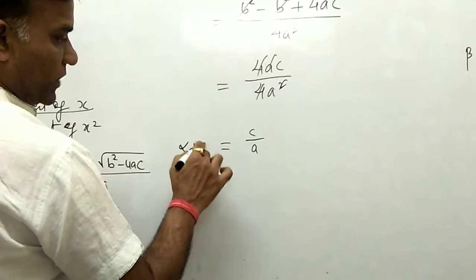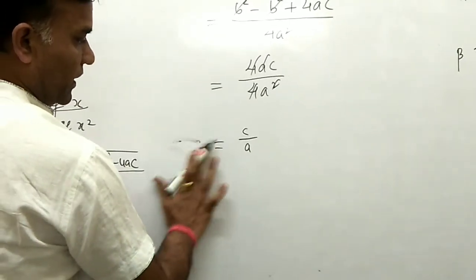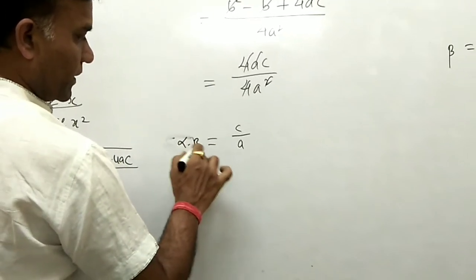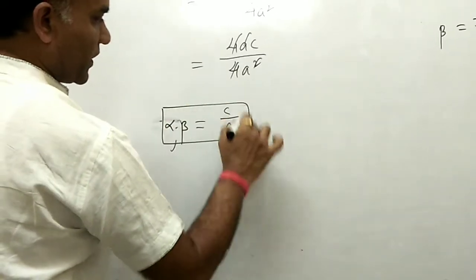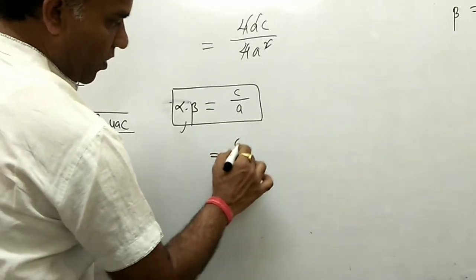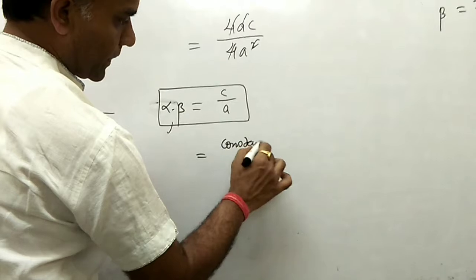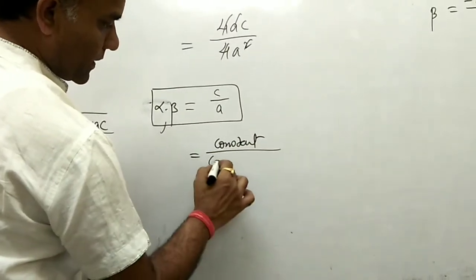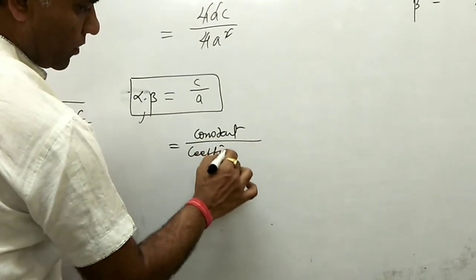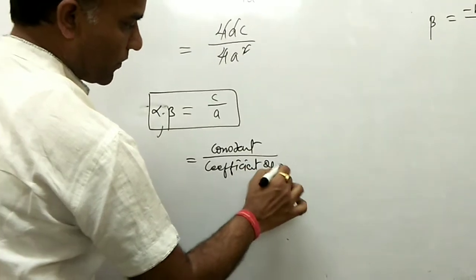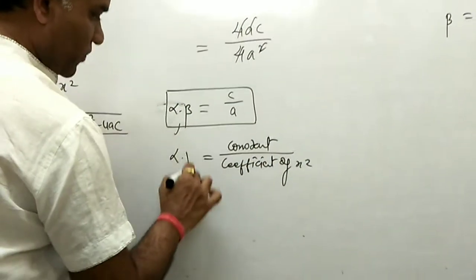Okay, so the sum of roots and the product of roots: alpha into beta is c upon a, and what do you mean by c? Constant upon the coefficient of x square. So this is alpha into beta.